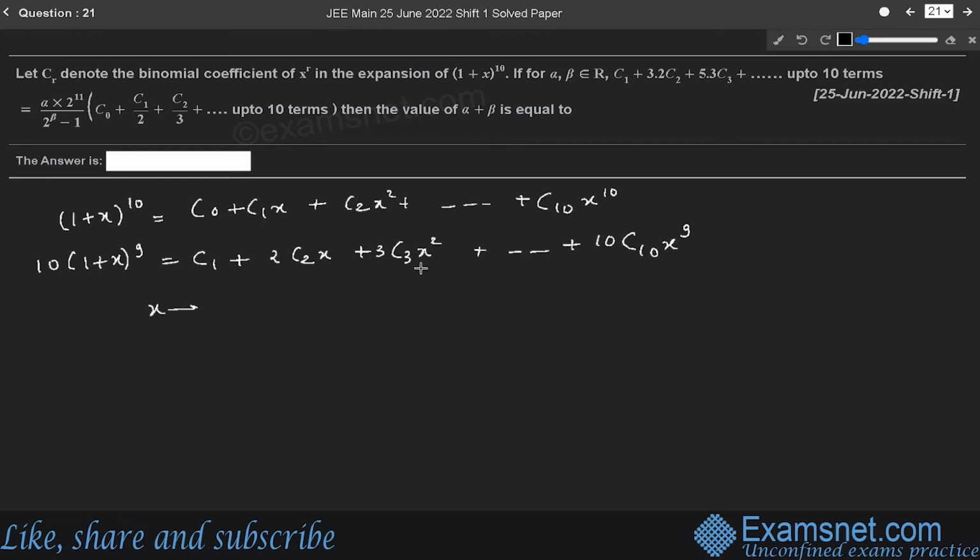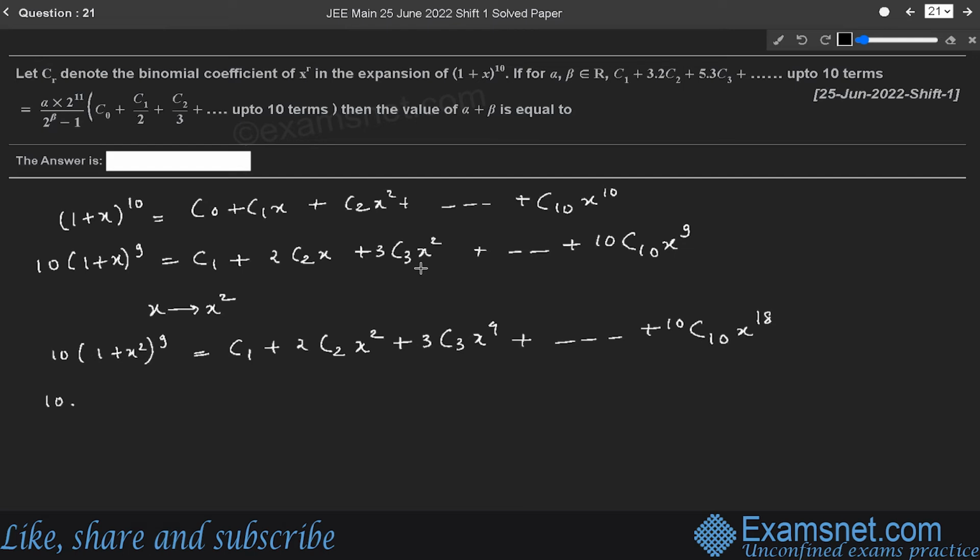Now, replacing x by x square, we get 10 into (1 plus x square) power 9 is equal to C1 plus 2C2 x square plus 3C3 x power 4 plus so on up to 10C10 x power 18. Therefore, 10 into x into (1 plus x square) whole power 9 will be equal to C1x plus 2C2 x cube plus 3C3 x power 5 plus so on up to 10C10 x power 19.